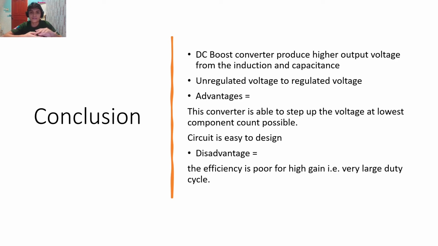But the disadvantage of this converter is that the efficiency is poor for high gain, which means a very large duty cycle. In this experiment we use 0.5. 0.5 is very optimum to get the optimal efficiency in this case. But if you use a large duty cycle like 0.7, the efficiency will deteriorate. That's all for me.